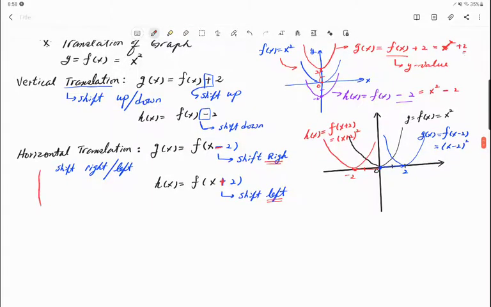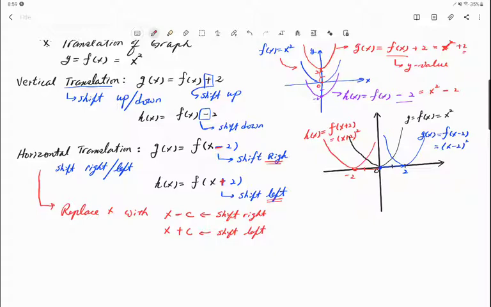So this means replace x with x minus something or x plus something. Then minus means shift right, and plus means shift to the left. Okay, simple. Horizontal.